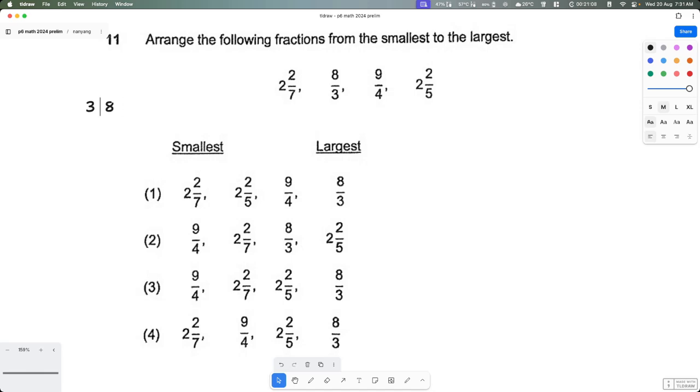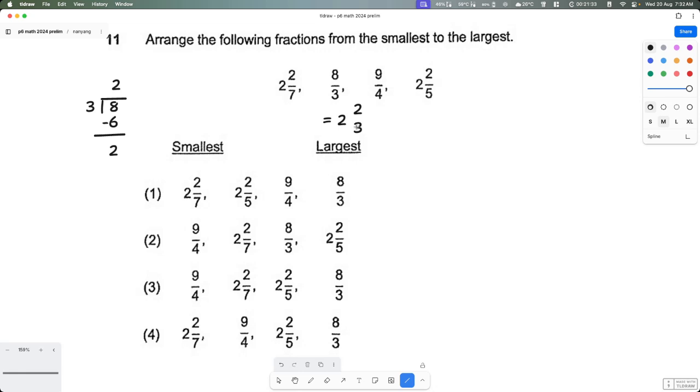Okay, we can make this into minus 6, and then we have a remainder 2 in this case. So for 8 divided by 3, this will become 2, but 2 out of 3 over here.